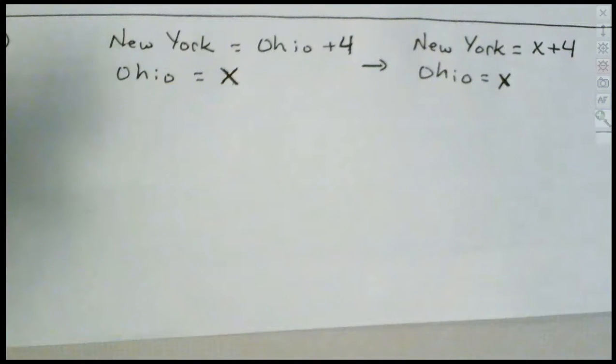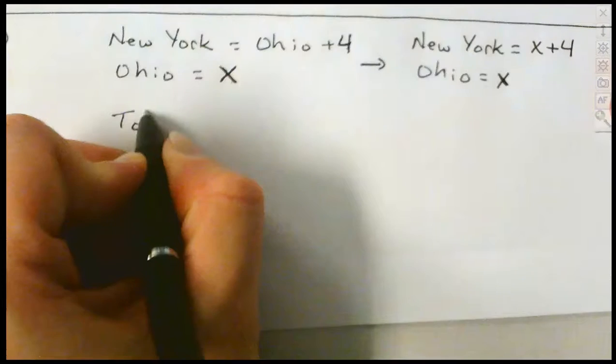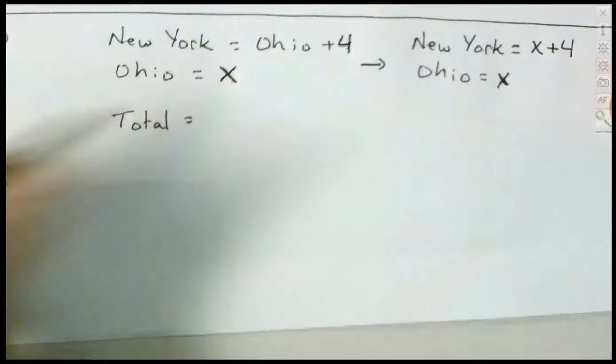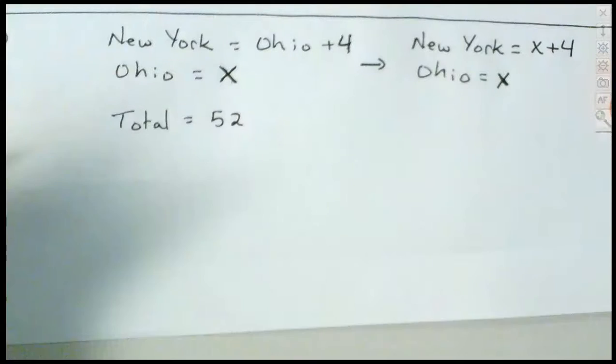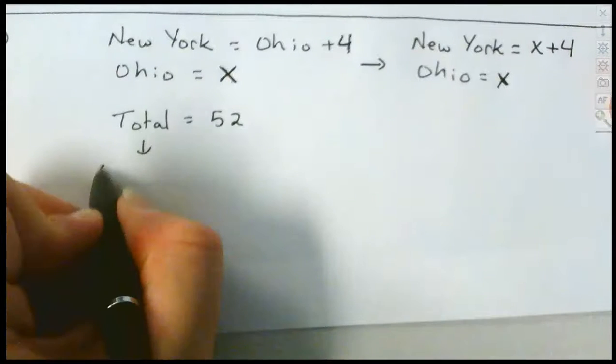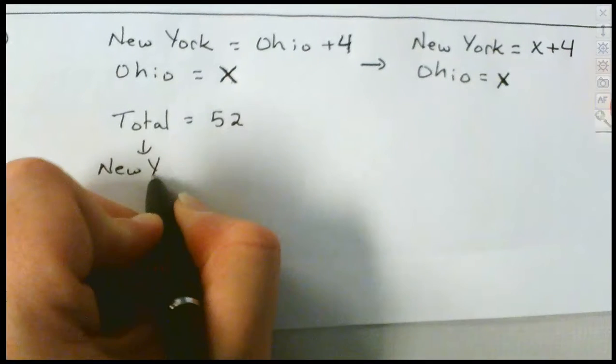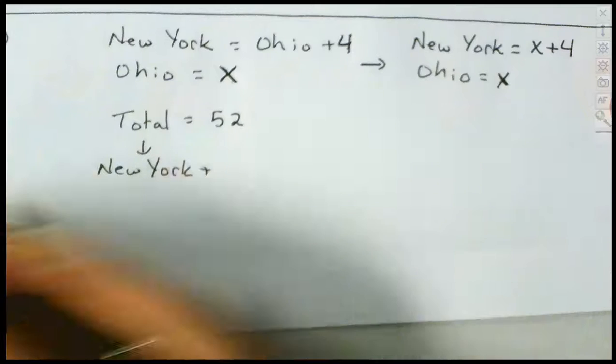Now we need to come up with our equation. Well, what do we know? When we read this, it says there are going to be 52 screens total. So the total is 52. And what is that total? Well, that total is New York plus Ohio.